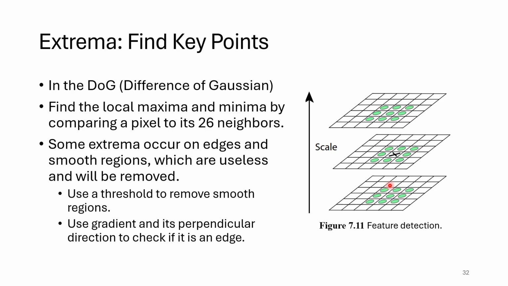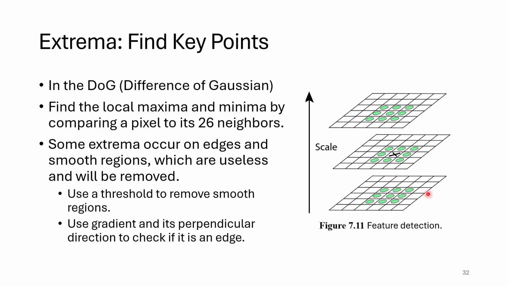If it is an edge, usually there is a large gradient in one direction and a large gradient in another direction. So it makes it an edge. If they find this edge value, discard it. They won't use it. The same, if the gradient of the pixel is very small, it usually means it is a smooth region. Therefore, disregard it too.